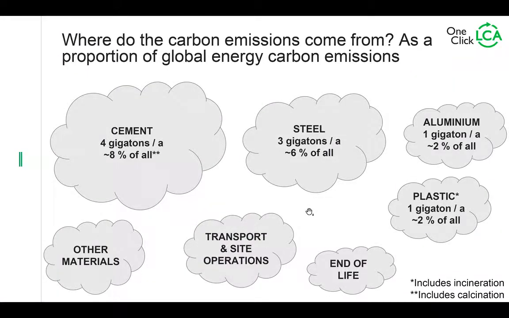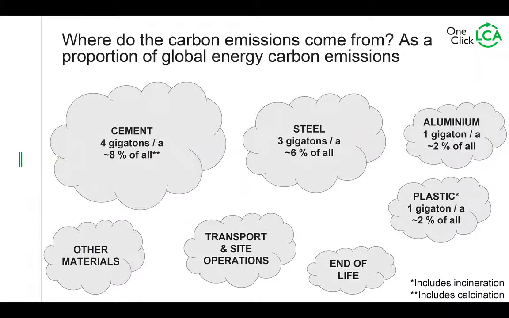And then when we consider the carbon emissions, where does it come from, right? At the global level, as a proportion of IEA's global energy carbon emissions, we have cement being approximately 4 gigatons if you include the process emissions, and about 8% of global energy carbon emissions.